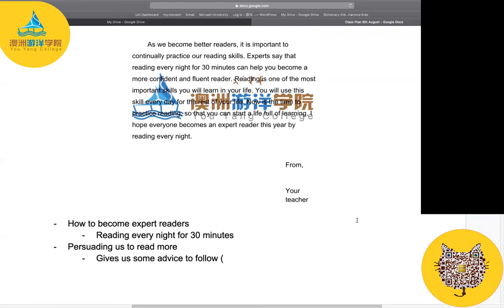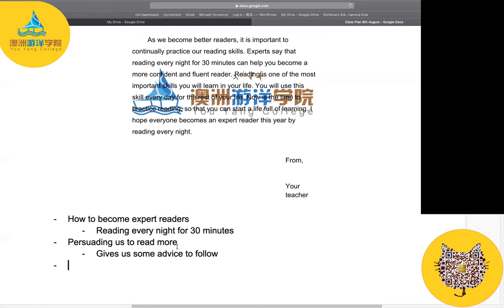Thank you, Lewis. Now, we've all established that this letter is persuading us to read more. What else is it saying to make us want to read more? Yes, Hans. The letter said reading every night for 30 minutes can help you become a more confident and fluent reader.